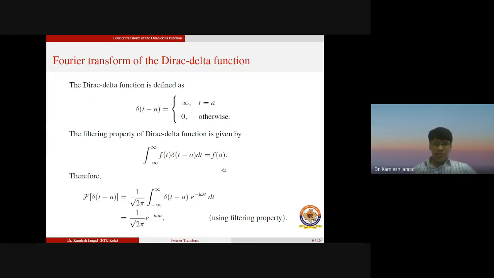Now, if we apply this filtering property here, if we compare, then we have f of t equals e to the power minus iota omega t. So by the application of this filtering property, we have 1 upon root of 2 pi times e raised to the power minus iota omega a. This is our required solution for the Fourier transformation of the Dirac delta function, right?